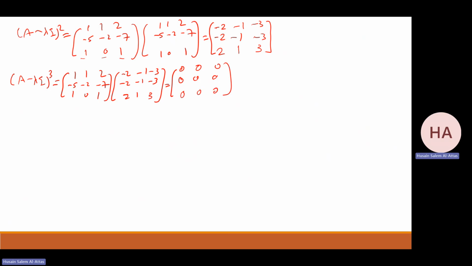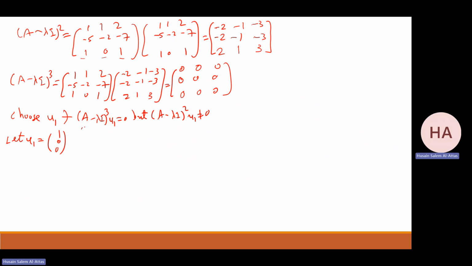So we need to choose U1 such that (A minus lambda I) cubed U1 is equal to 0. Be careful. But (A minus lambda I) squared U1 is not equal to 0. Now, if we choose that U1, usually try 1, 0, 0.